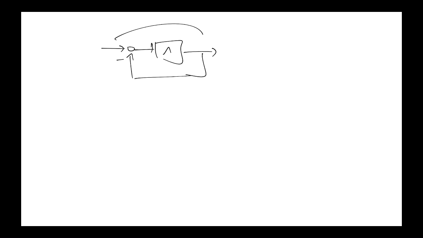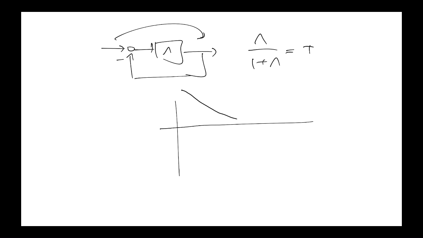And we know the transfer function from here to here will be lambda on 1 plus lambda, right? So that's T. Okay, and if you look at what T is when lambda has a classical loop shape like that, right, where that's the crossover frequency, then T will look something like this, right?